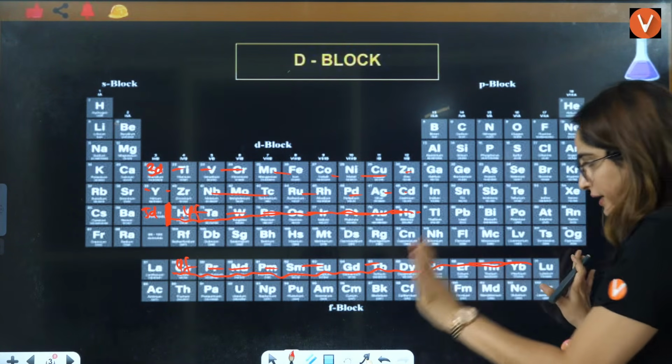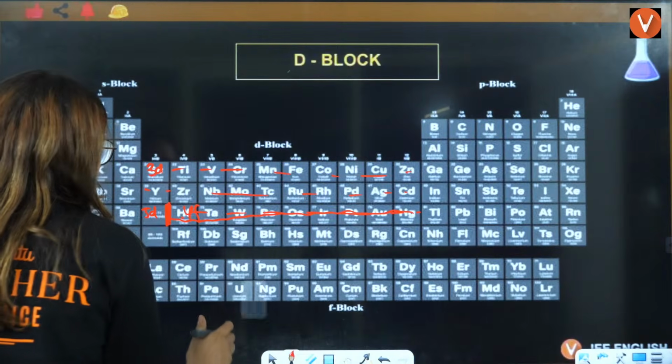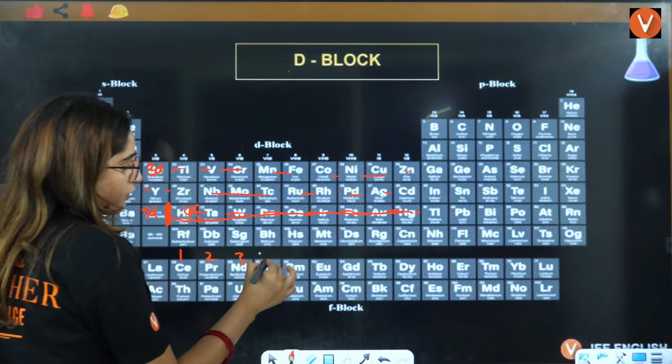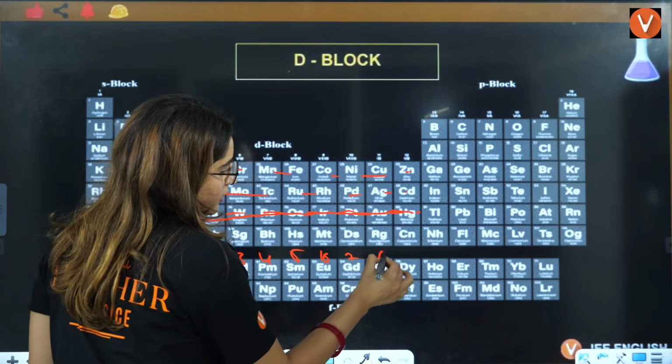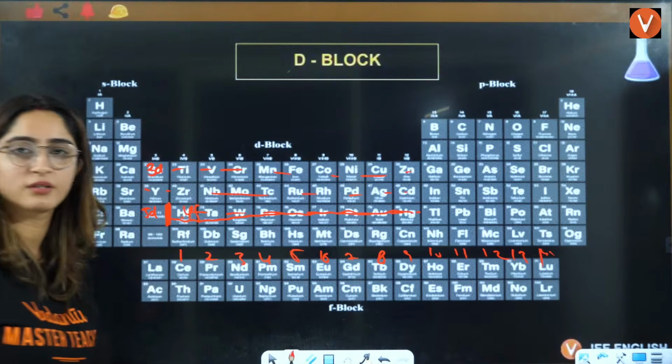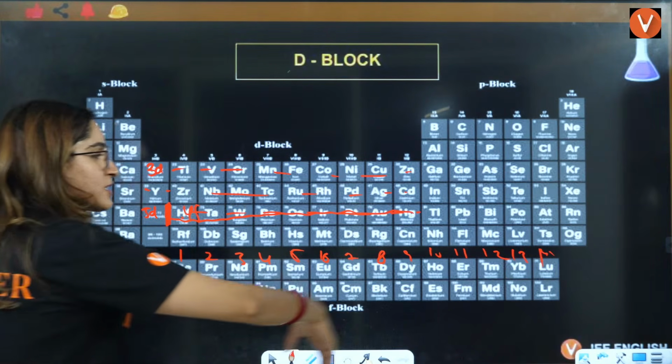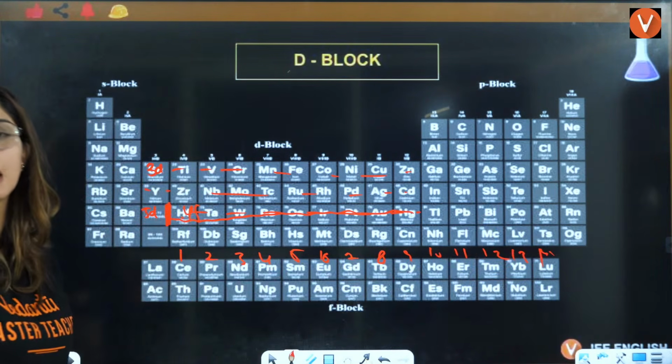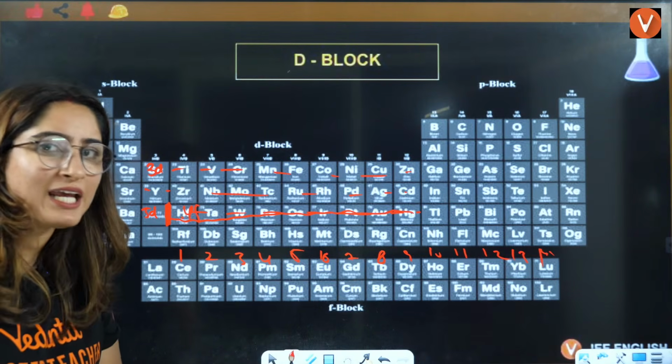After here, how it is filled, that also I'll tell you. It will start from 4F 1, 2, 3, 4, 5, 6, 7, 8, 9, 10, 11, 12, 13, 14. Right? The F orbital can hold only 14 electrons.